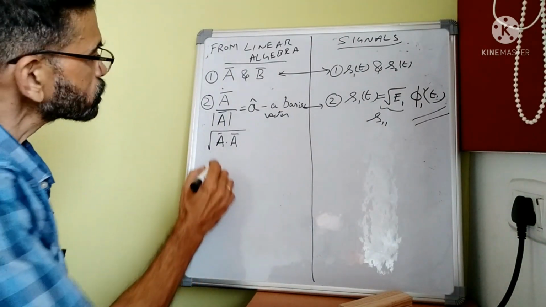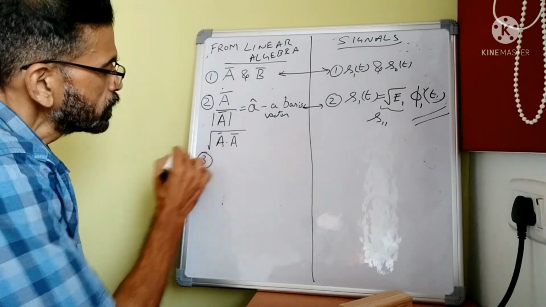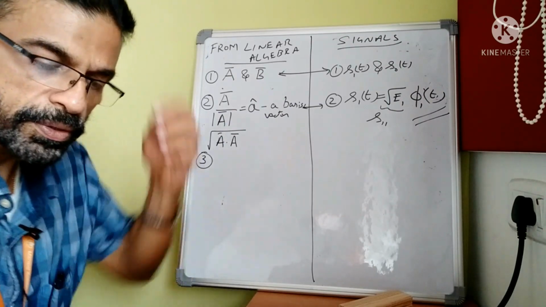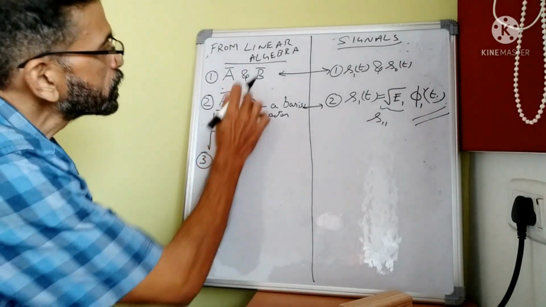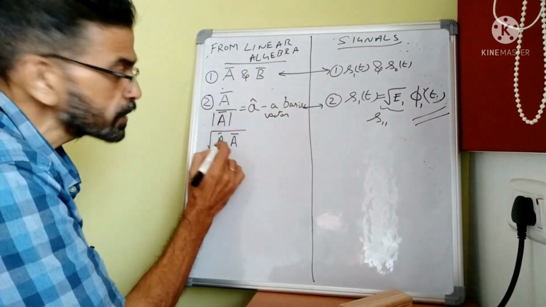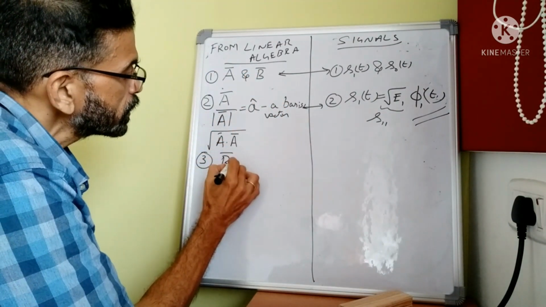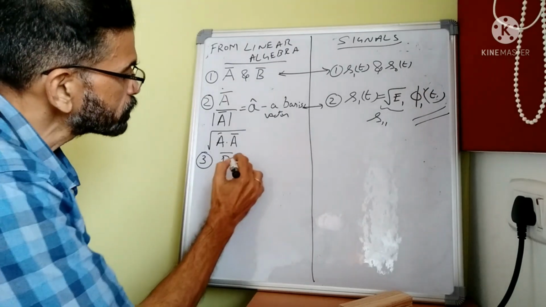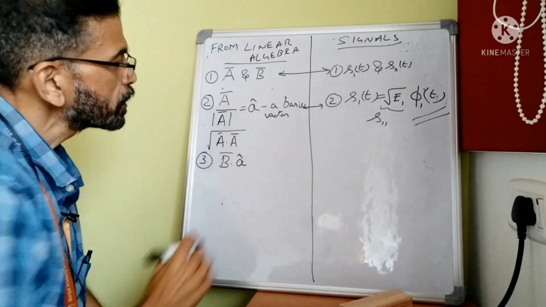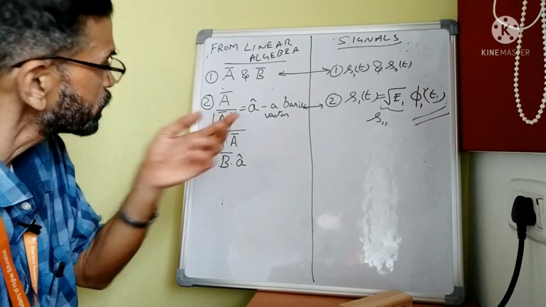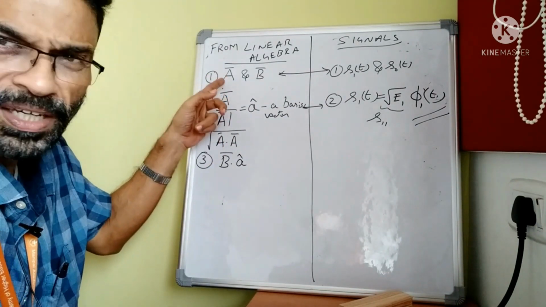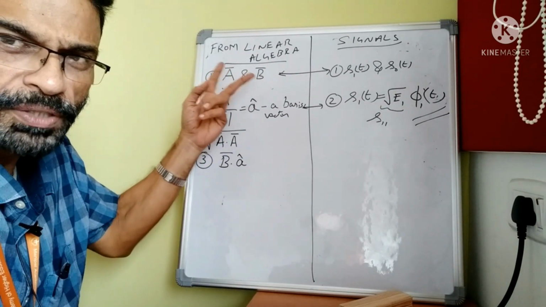Now the next step, the third step, is that we take this and dot it with A cap. We have a unit vector already obtained here, which we obtained from this vector A. Remember, we started with two vectors.